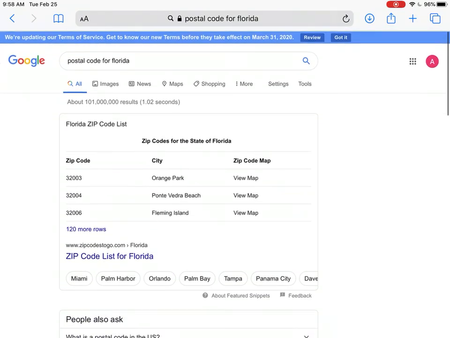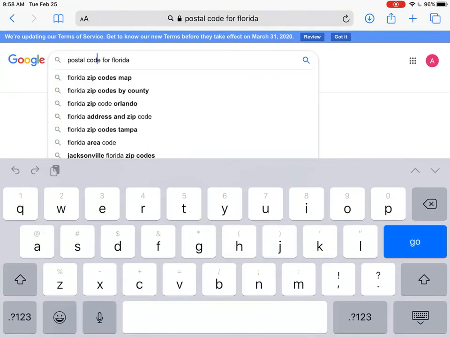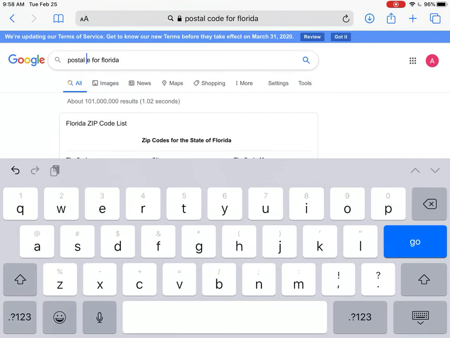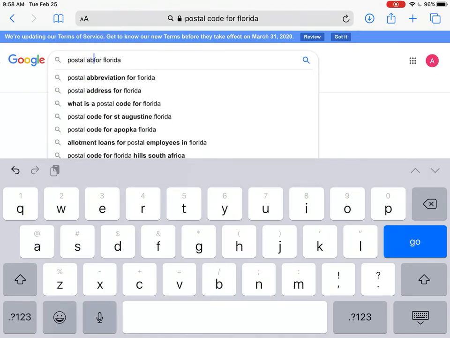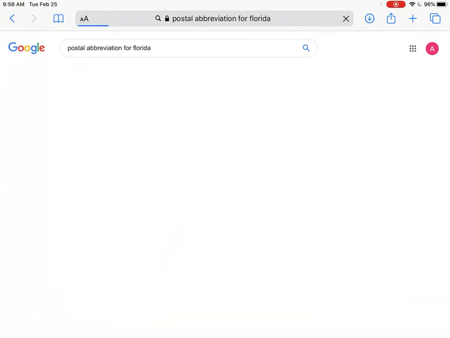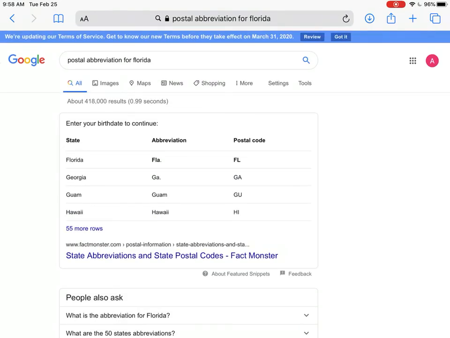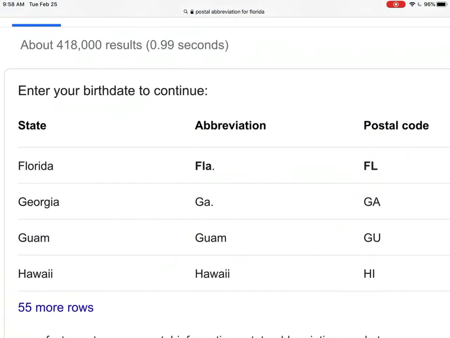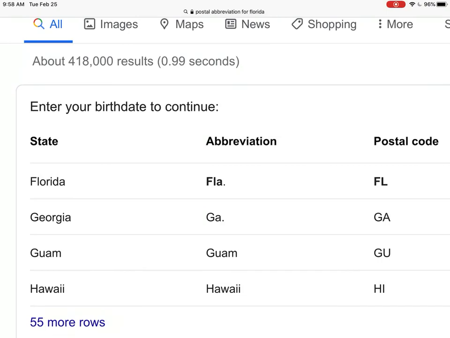So instead of code, a code is usually a set of numbers. I'm going to type in the postal abbreviation. And you see I don't even have to finish it. I just click on what I want to see, and here it shows me exactly what we have just been talking about.